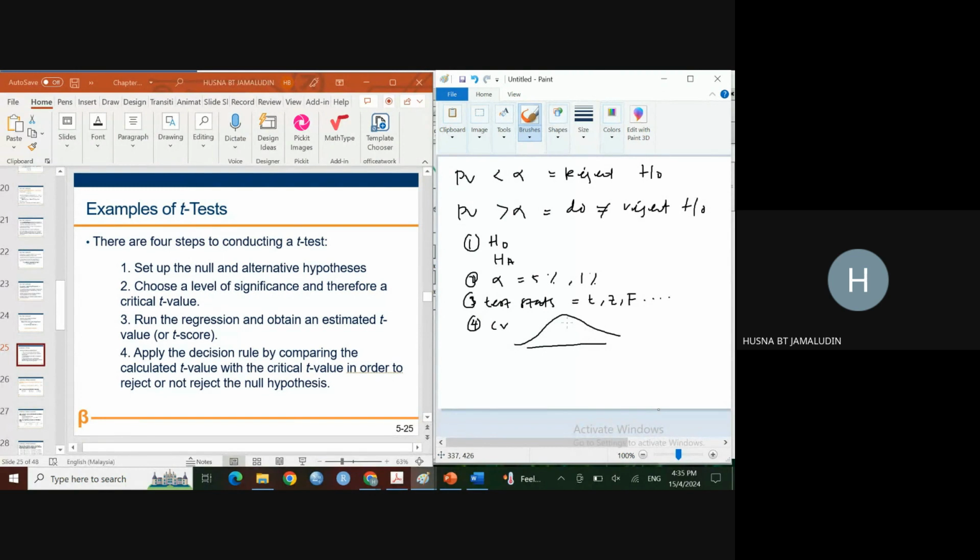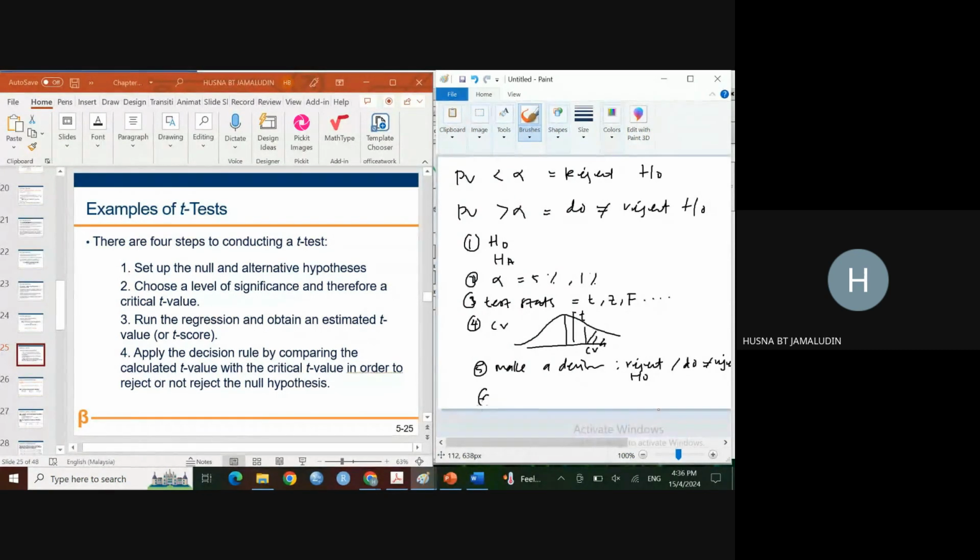Let's say your CV is here, and your test statistic is somewhere here, then you do not reject the H null. Number 5, basically you will make a decision whether to reject or not reject H null.